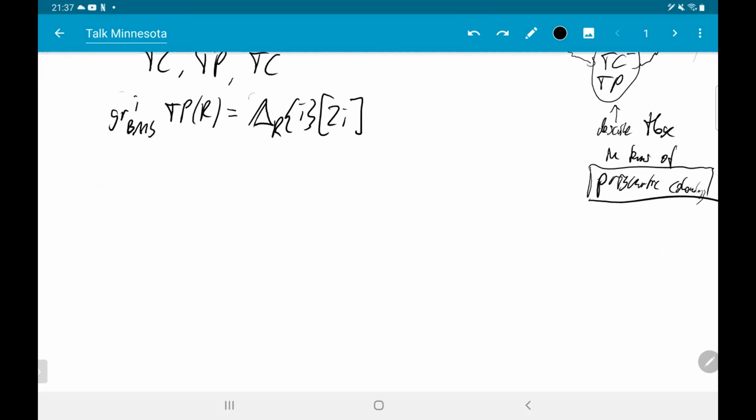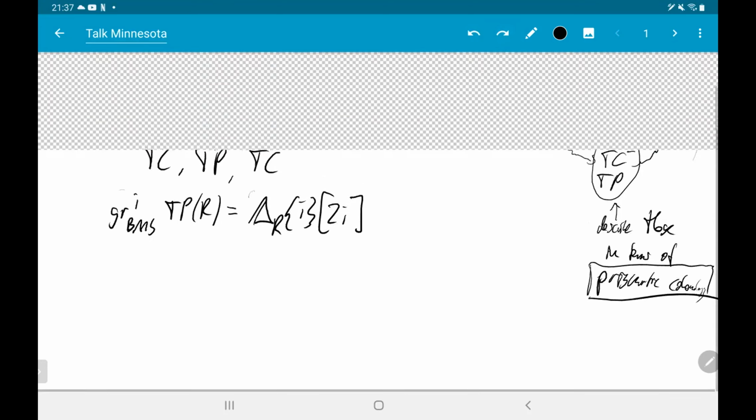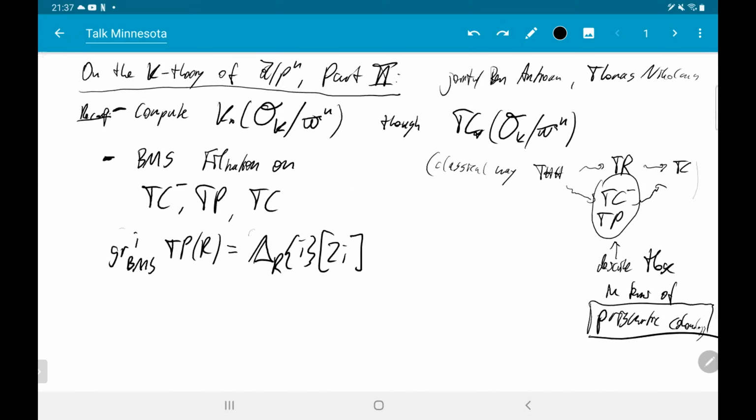And well, for TC minus and TC, there are similar descriptions, which maybe I'll talk about later. But so that's the goal. We want some explicit handle on prismatic cohomology of rings such as Z mod p^n.